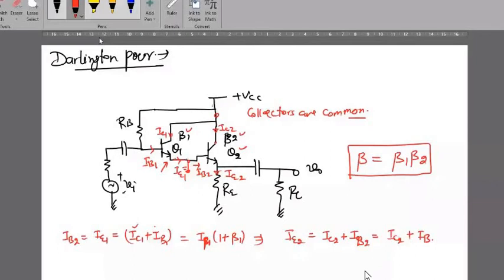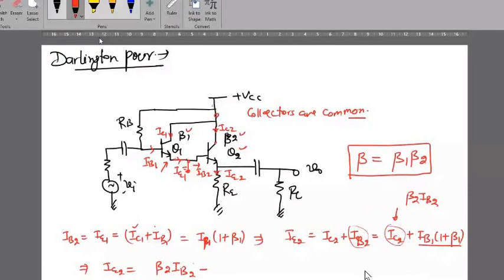Okay, fine. And here this current is the base current and this is IC2, and you can write it as beta 2 IB2. So you can rewrite this equation: IE2 equals beta 2 IB2 plus IB1 (1 plus beta 1).